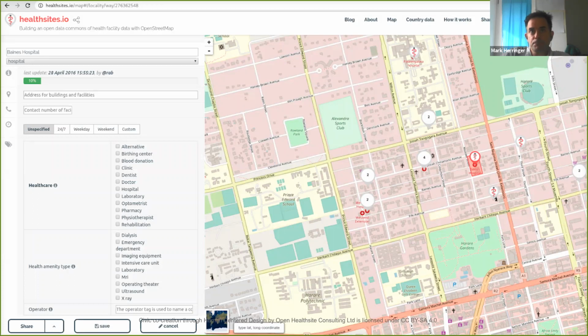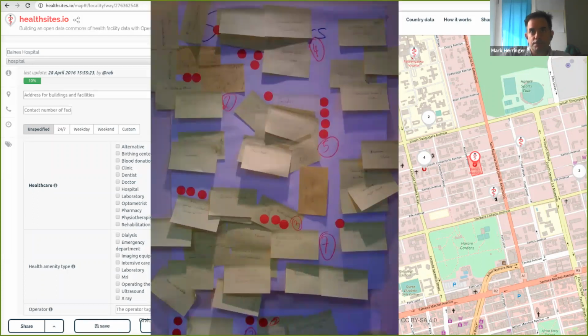So today I'm going to just talk about how we drive the development of the data. We've got a variety of tags, but which ones are the most important to focus on first? And so our strategy is to identify emergency health user stories that mean something to people in places where the data is poor.